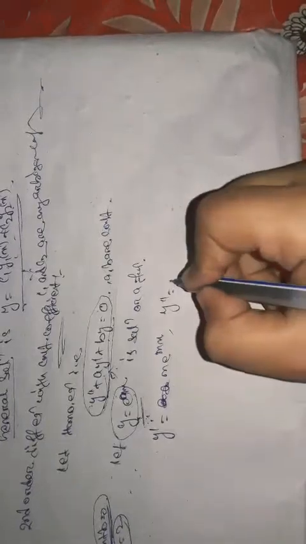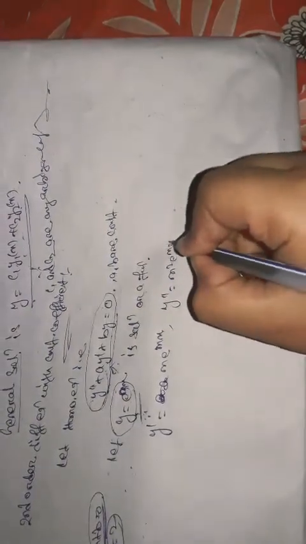So we find y dash, the first derivative. In this equation there is y dash, y double dash and also y. Y dash is the first derivative of y, that is e to the power mx, so m into e to the power mx. Then y double dash is the second derivative, so this is m square e to the power mx.